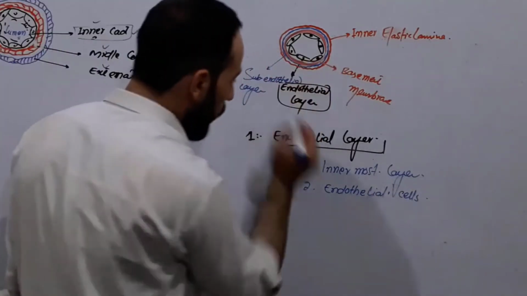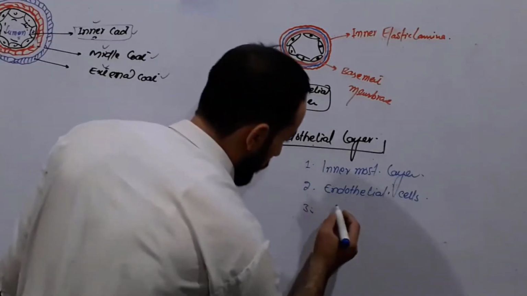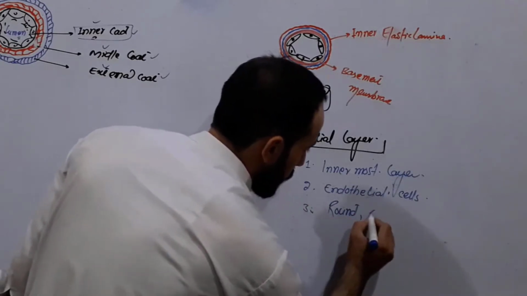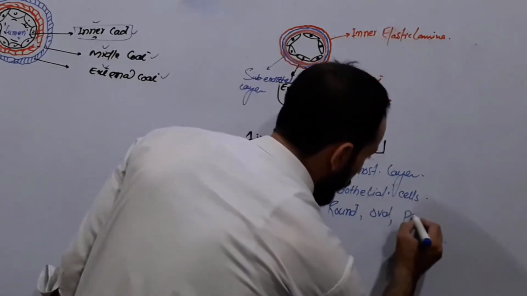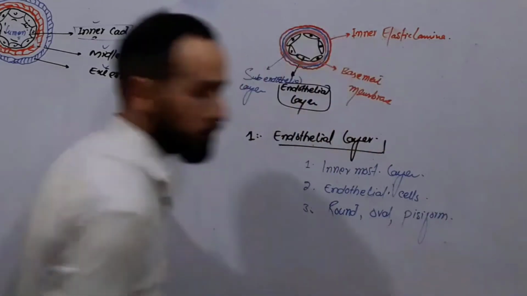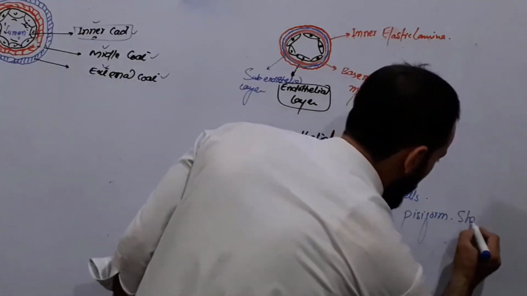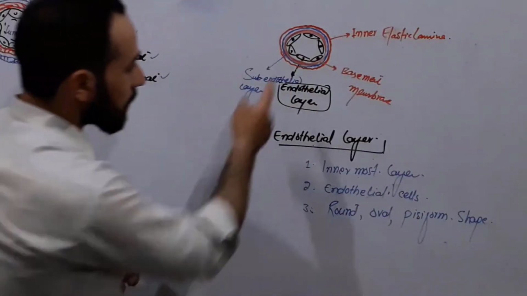And the shape of these cells may be round, oval, or they also have fusiform shape.